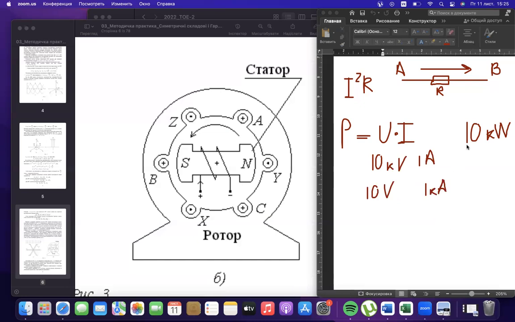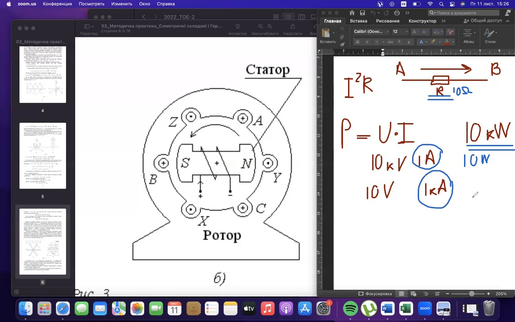But the main difference is that in the first case, we are spending 1 ampere on resistivity, for example, resistivity of 10 ohms. In the first case, we are spending 1 squared times 10, just 10 watts of power on heating the resistor, throwing this electricity away.